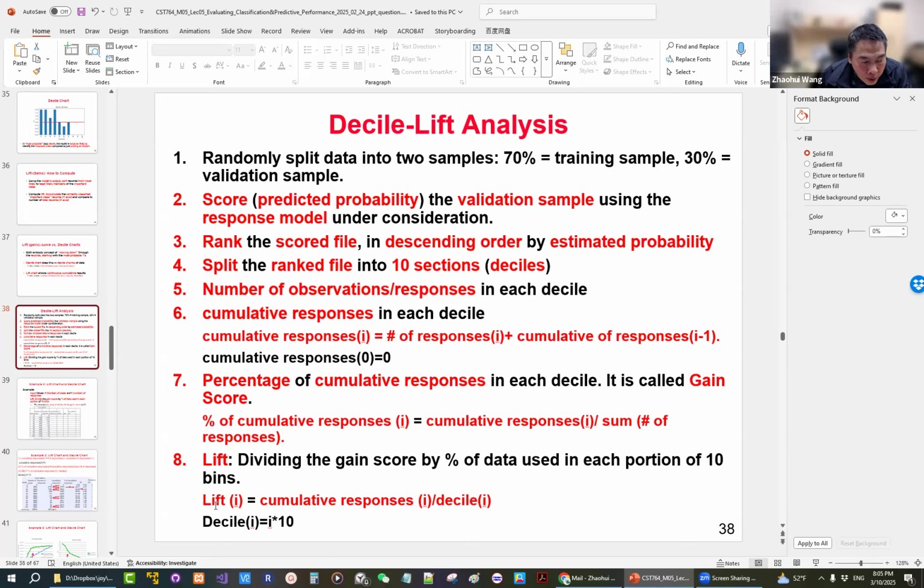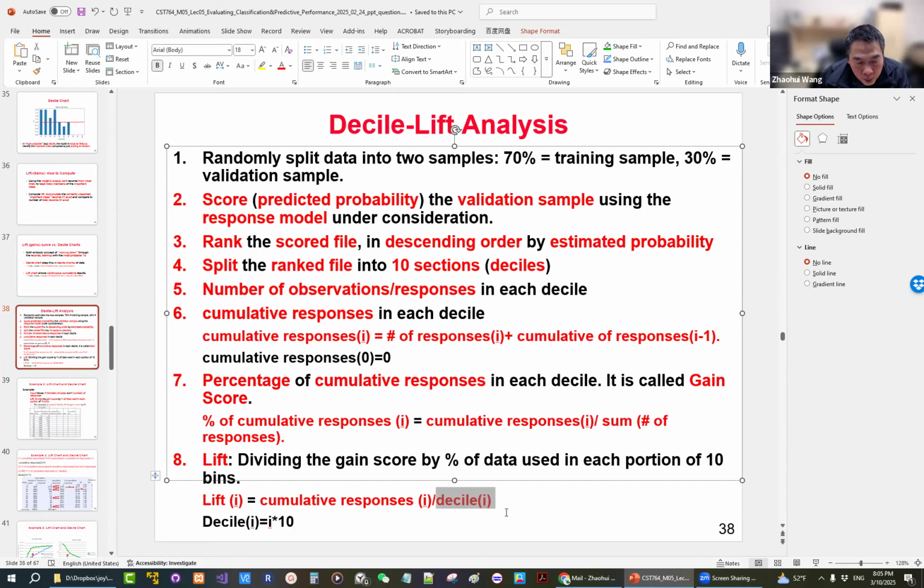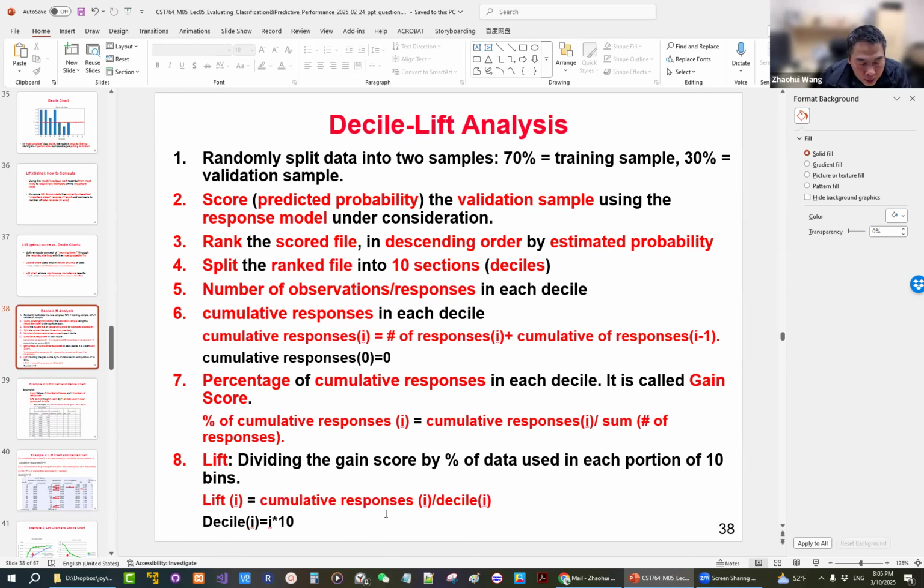Then we can calculate the lift value by dividing the percentage of cumulative responses by the desired value, decile I. Every decile's desired size will be the same, so this acts as a normalization.